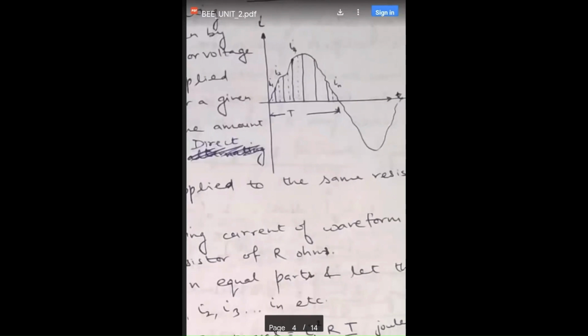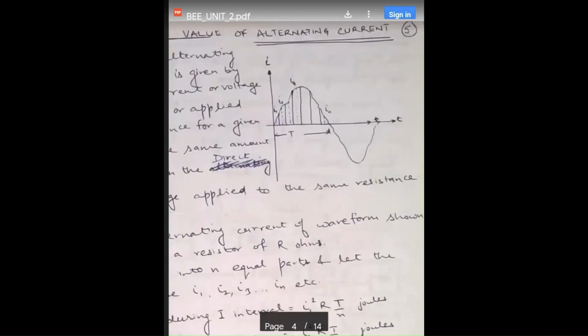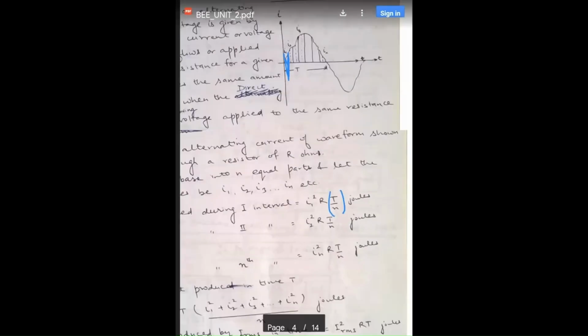So I1 will produce the heat I1 square RT upon N. Similarly, the heat produced by the second current I2 will be this and so on. The heat produced by the nth component of the current. Okay.